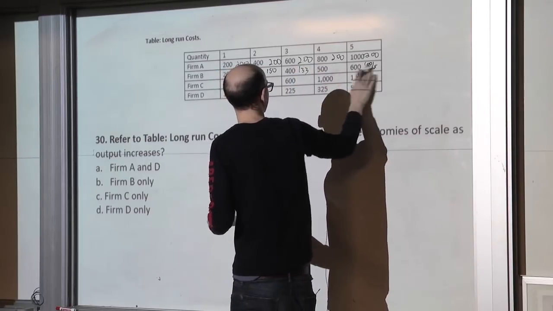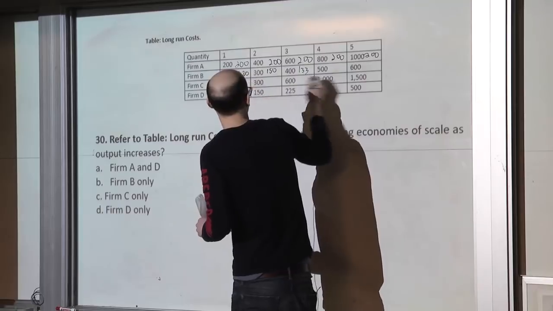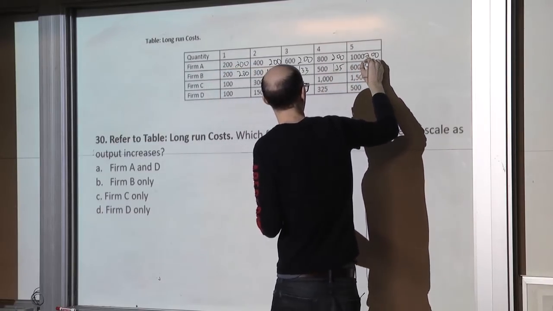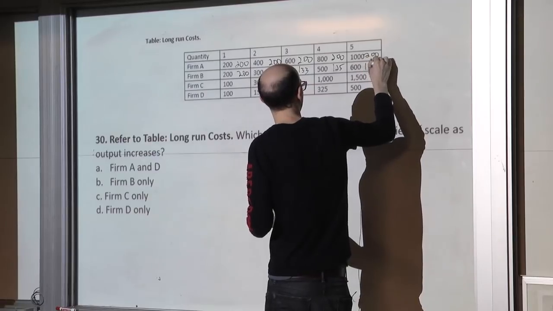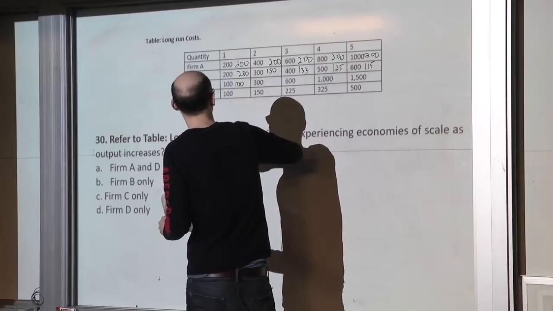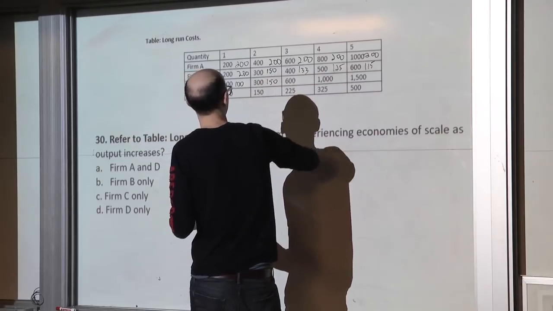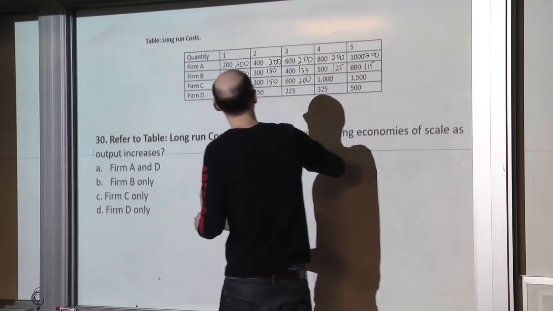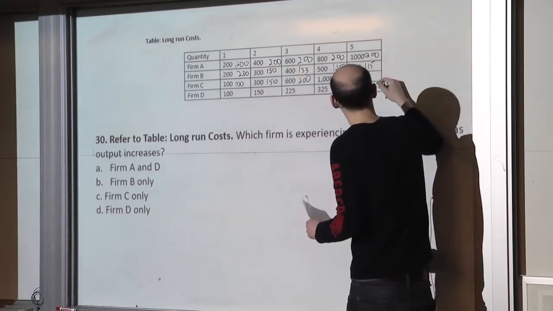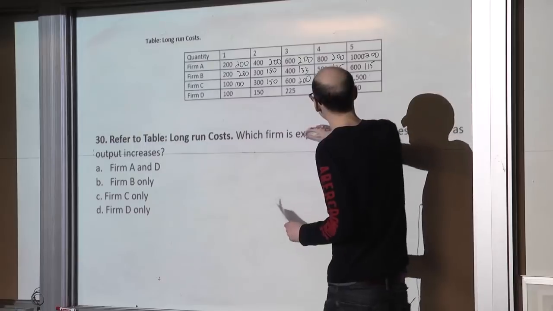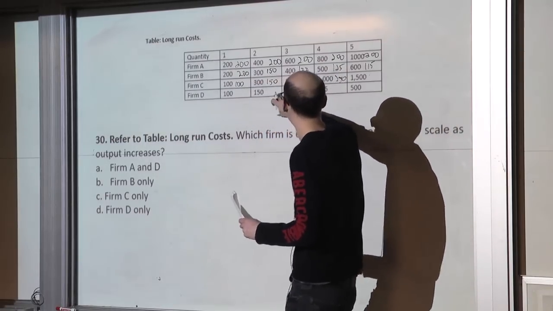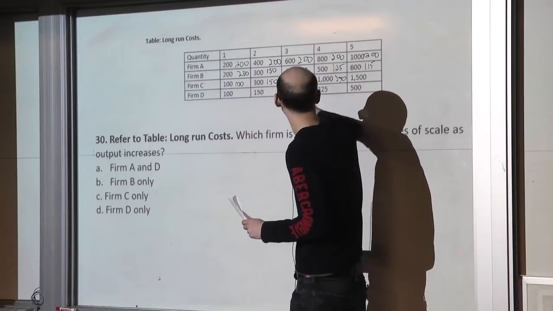And this one is 125. Okay, so this one is 100, 150, 200, 250, and so you see here that the average total cost is increasing.